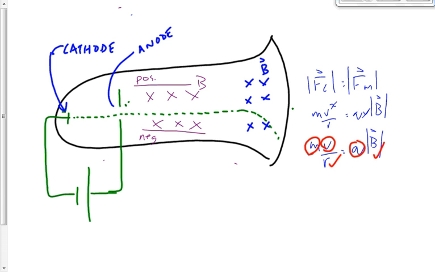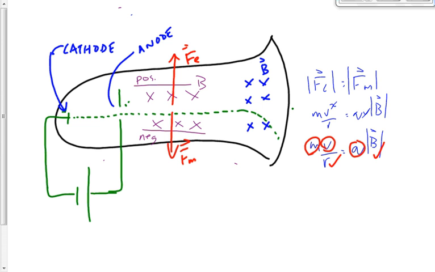The magnetic field will cause these particles to be deflected downwards. So there's a magnetic force acting downwards and an electric force acting upwards, right? Negative particles going through an electric field that's pointing downwards are going to experience a force opposite to that, upwards. Except that's an electric force, not a magnetic force.